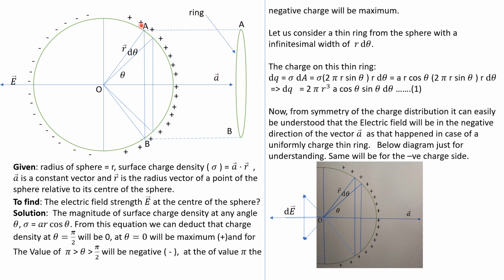Now from the symmetry of the charge distribution, it can easily be understood that the electric field will be in the negative direction of the vector A, as happened in the case of a uniformly charged thin ring. If you remember, in a thin ring with a positive charge at an x distance away from the center, the electric field is always along that x direction. For understanding, I have given this diagram.